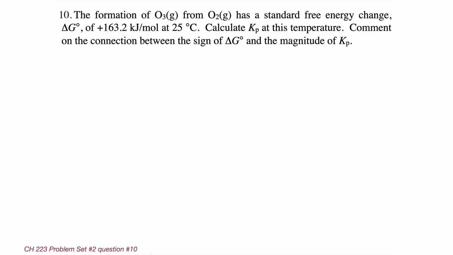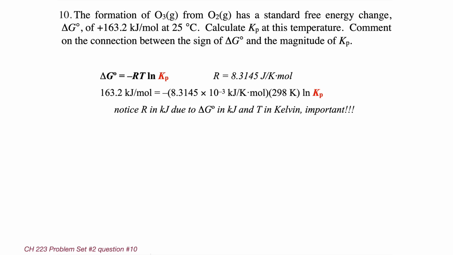Let's calculate Kp at this temperature. Remember, Kp is an equilibrium constant based on the pressure of gases, usually in atmospheres. And we'll look at the signs of delta G and K and make sure they make sense with each other.